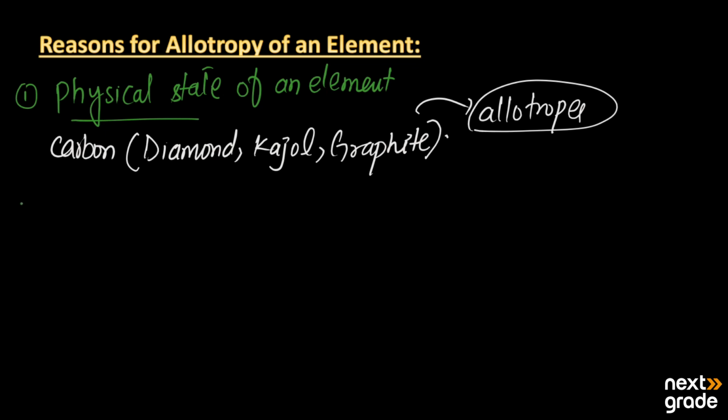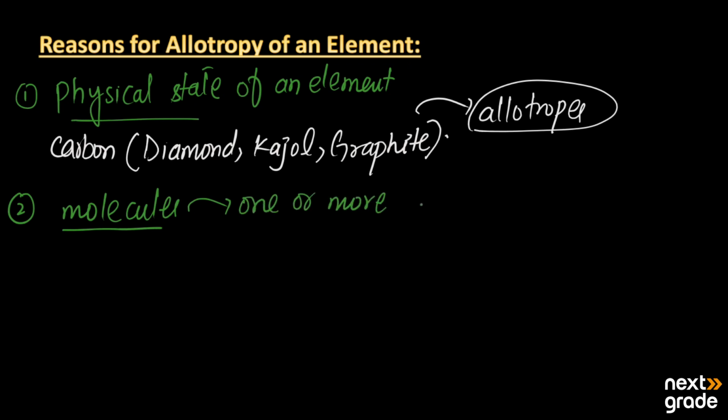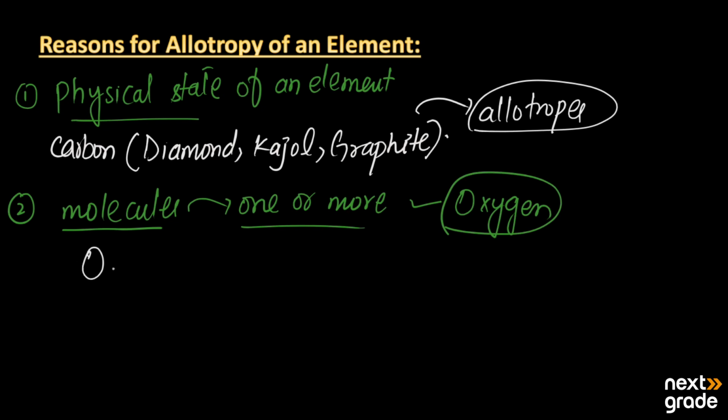Next we have the second reason why allotropes exist: the existence of two or more kinds of molecules of an element. For example, we have oxygen. Oxygen can exist in O2 form, and it can also exist in O3 form.